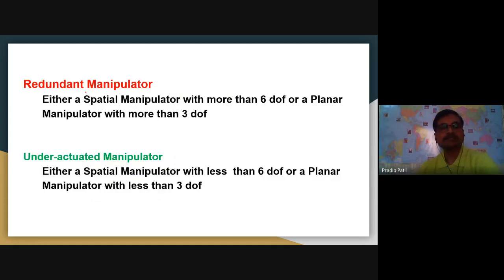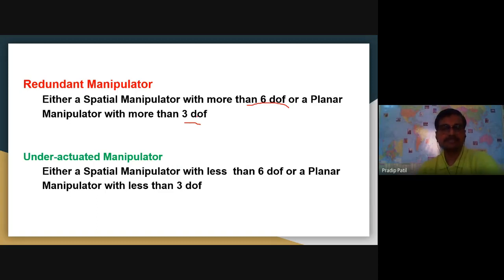Redundant manipulator is a term used when either a spatial manipulator or a planar manipulator has more than the required degrees of freedom. For example, a planar manipulator with more than 3 degrees of freedom, or a spatial manipulator with more than 6 degrees of freedom. Both are called redundant manipulators.